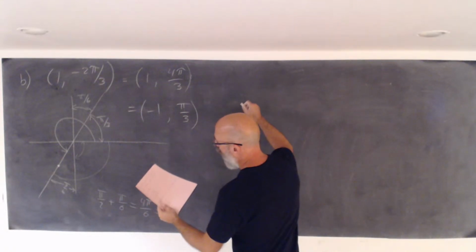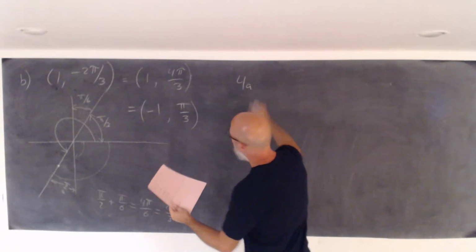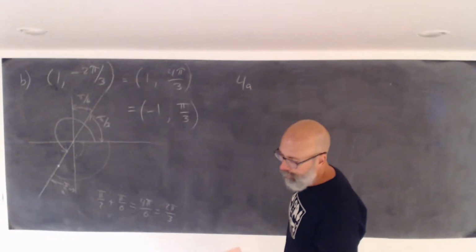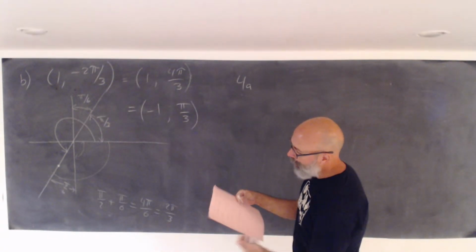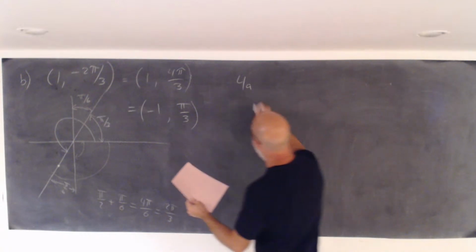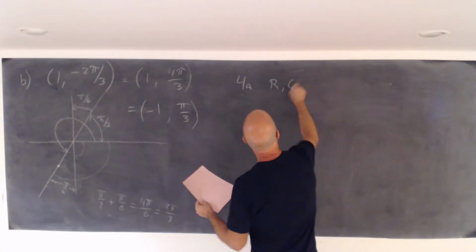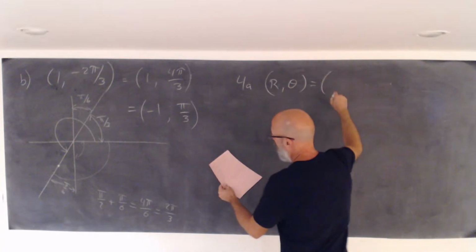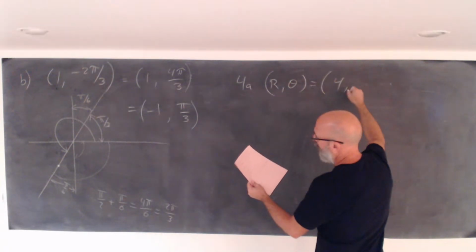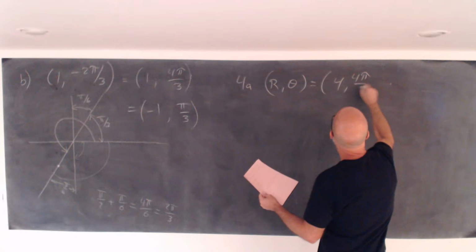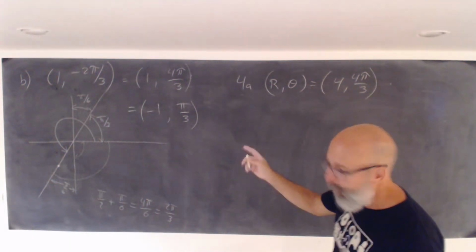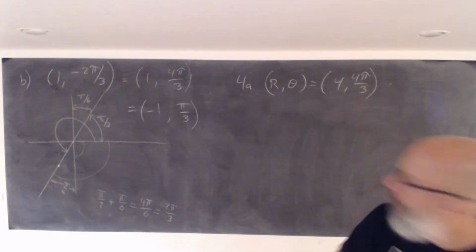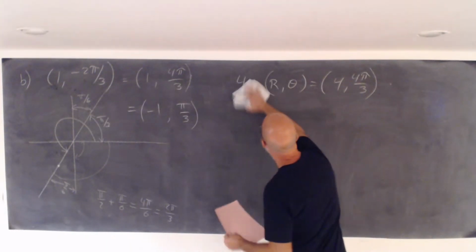Consider the following question, which asks us to plot the point with the given polar coordinates and find the Cartesian coordinates of that same point. So r and theta. Well, that's very similar to what we just did. Why don't we skip that?